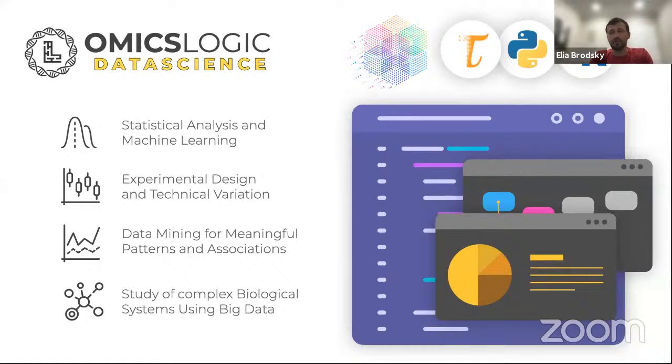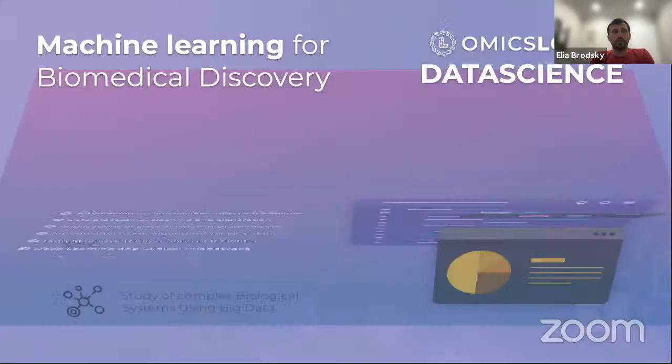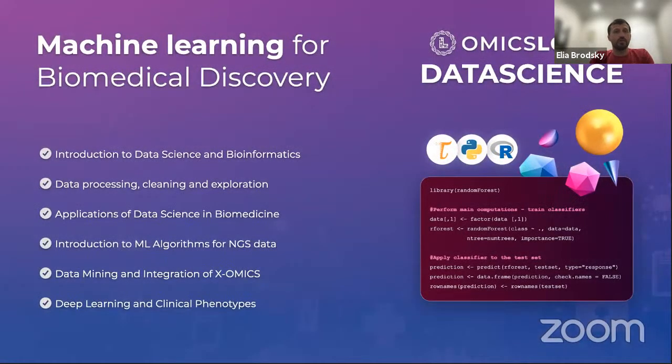So how do we infer these relationships from data, and how do we interpret them in the context of this complexity of biological systems? And so specifically, this program is going to be focused on machine learning for biomedical discovery.